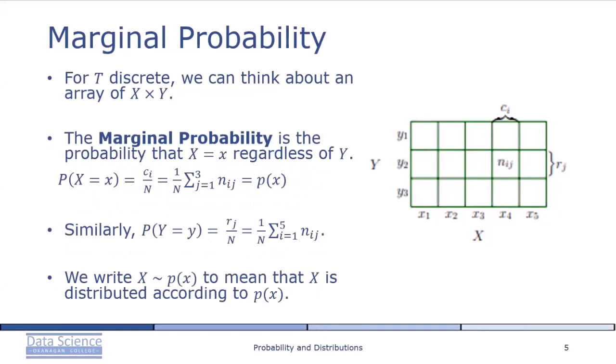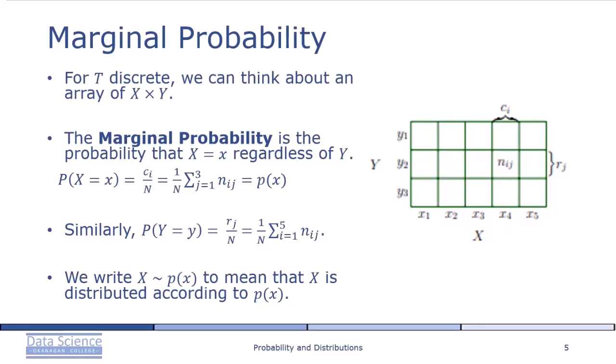The marginal probability that X takes the value of little x, irrespective of the value of Y, is lazily written as P of x. We can see here that the probability that capital X equals little x is equal to ci, the sum of all the entries in that column divided by N. We write this lazily as P of x.